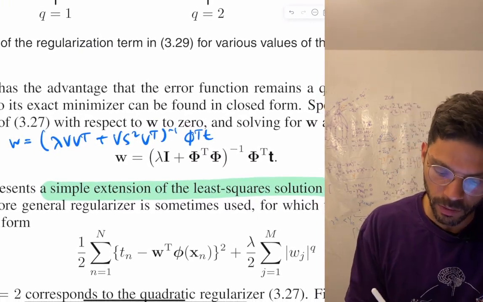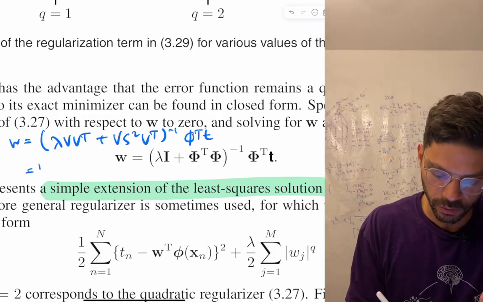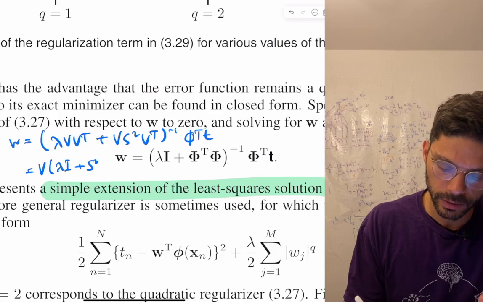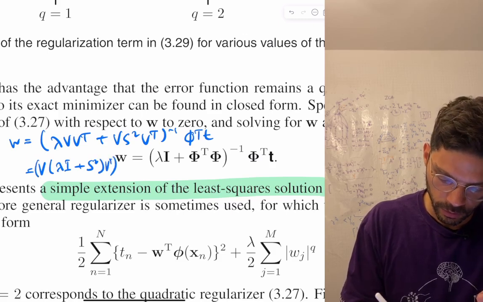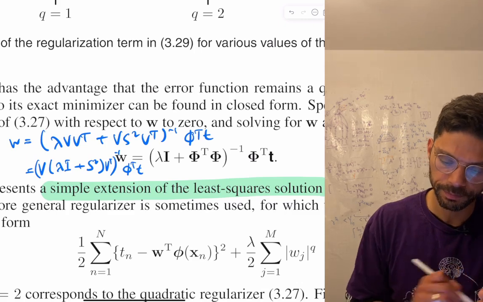Now what we can do is extract the V and put it on the outside. So it's equal to V times lambda I plus S squared, V transpose, to the minus 1, times phi t t.